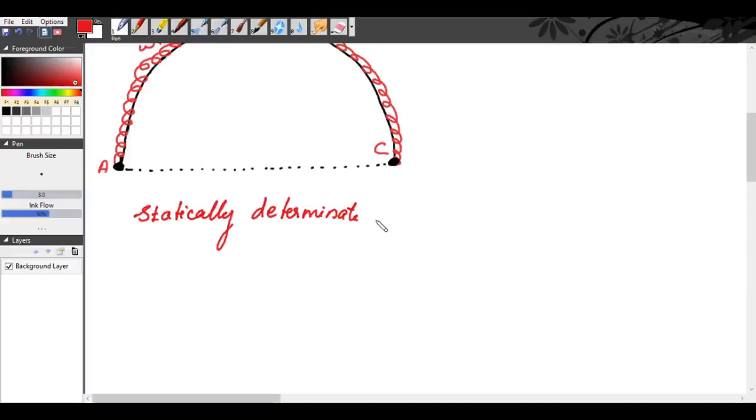Now we need to find the vertical support reactions. So step 1, we will find the vertical support reactions.